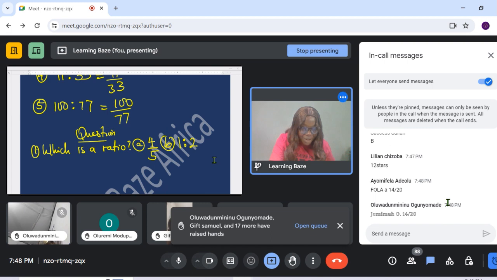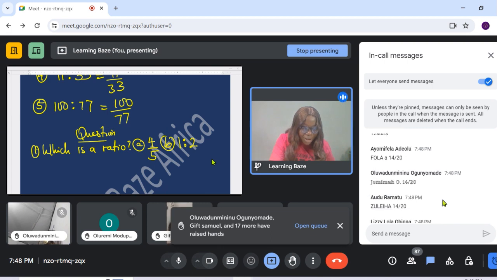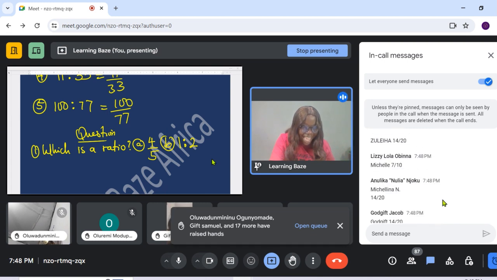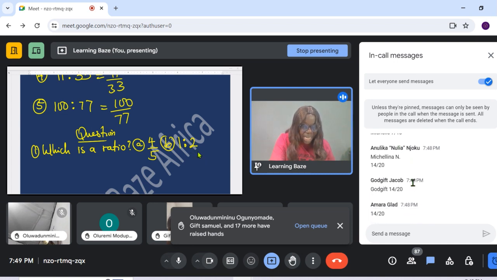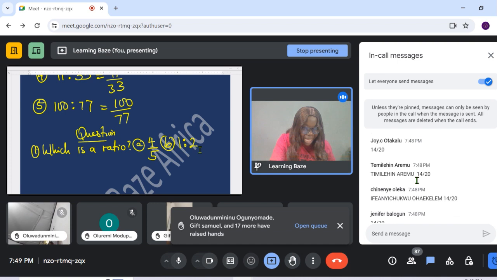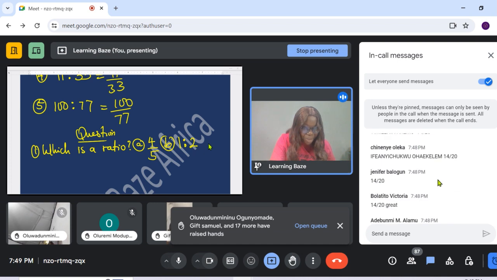Wow, Fola typed first. Fola, correct. Jemima, correct. Zulia, correct. Wow, Michelle, I love this. You actually expressed it in the simplest form. Correct. Michelina, God gift. Amara Glad, correct. Kamsi, as a fraction. Odebumi Yetunde, you didn't write it as a fraction. Otakalu, correct. Timileyin Aremu, correct.